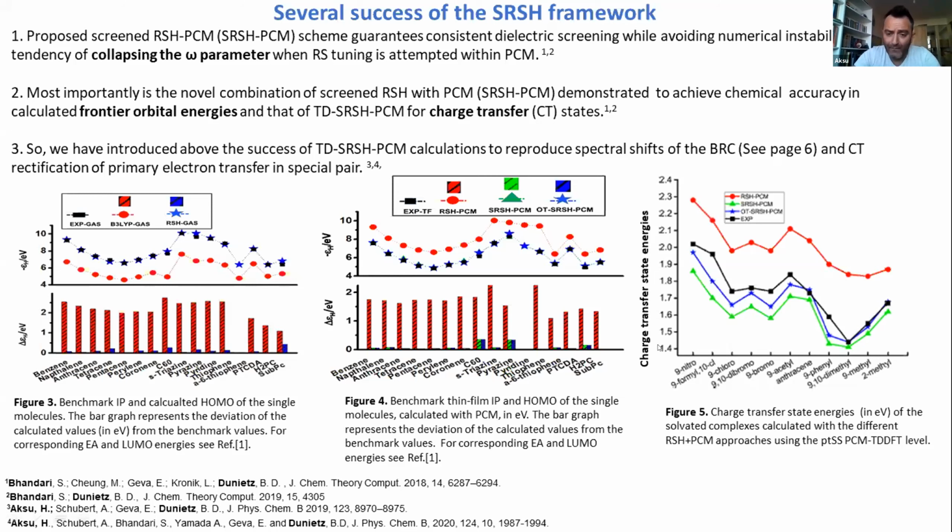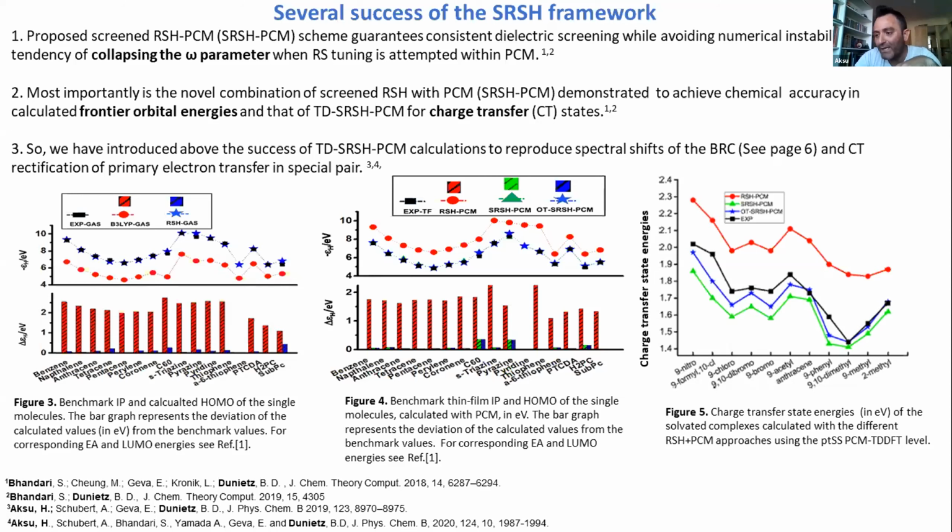What is important about the SRSH scheme is that if you want to look at the rate calculation of charge transfer in a biological molecule, you have to have a DFT functional that can define the charge transfer states. The charge transfer state should be localized below the excited bright state, the oscillating state that absorbs the electron, and then the electron goes to the next state.